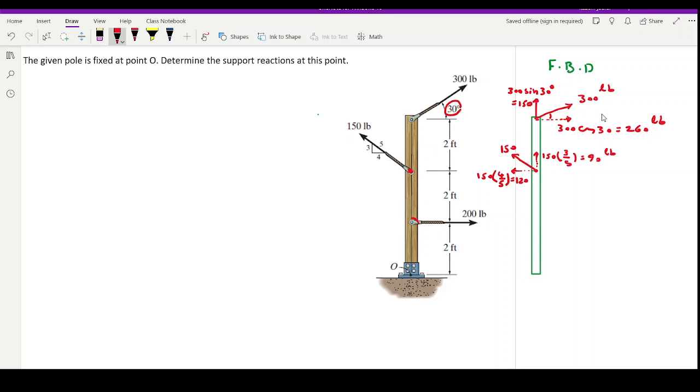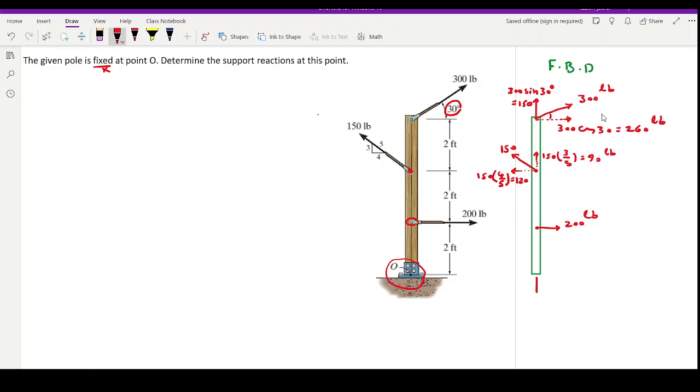Then we have this force in here. I showed the force itself, which is just 200 pounds, and it's acting in x direction. Then support reactions, because it says that it's fixed, that means that we are going to have 3 forces and moments, so 2 forces and 1 moment. I show these forces.